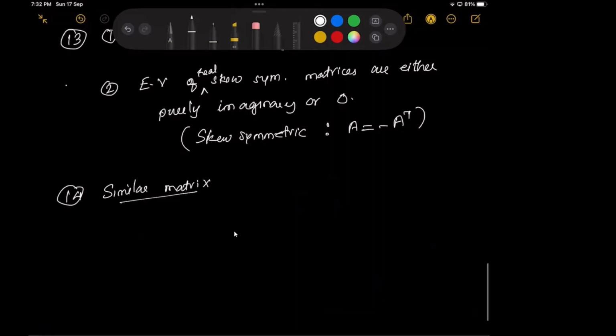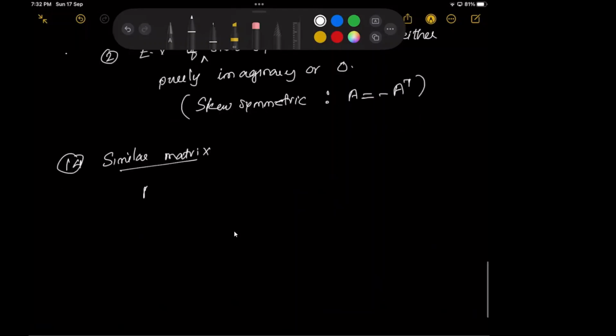What is a similar matrix? If A is an n by n matrix, and B is also an n by n matrix, when will we say A is similar to B?